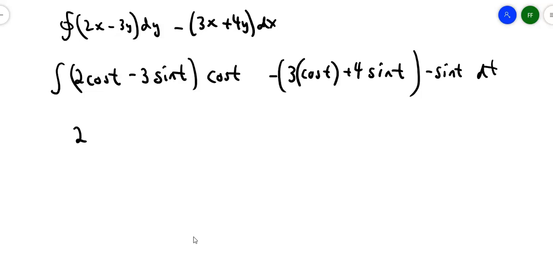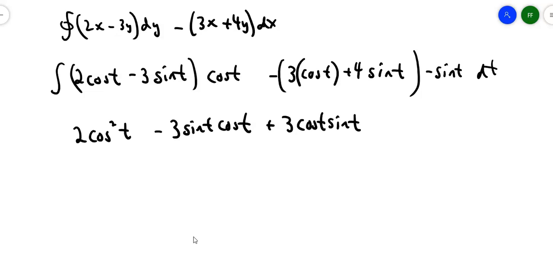All right, so this gives us a 2 cosine squared t minus 3 sine t cosine t minus 3 cosine t times a negative sine t, so that gives me a plus, minus 4 sine squared t. Oh, but wait, there was a negative out there, so now that becomes a plus.